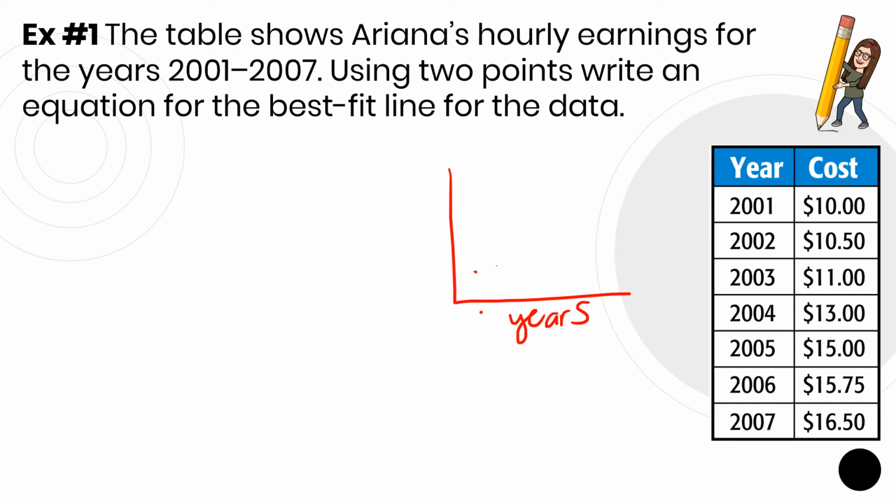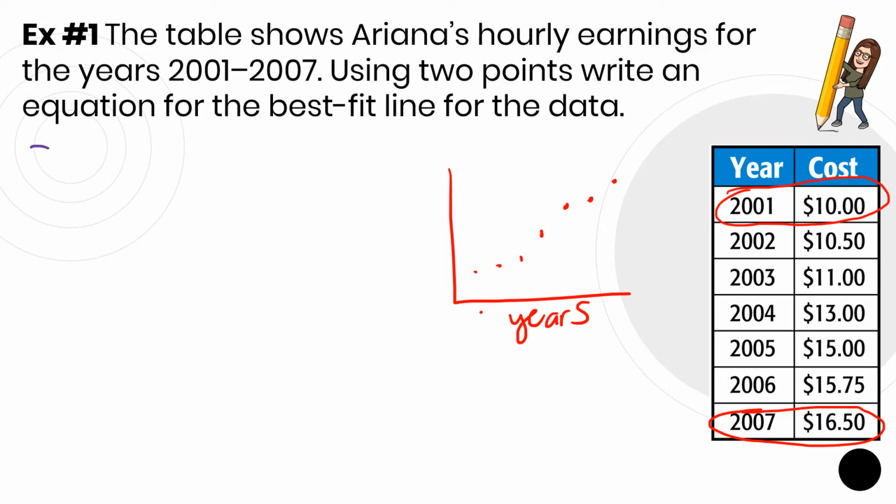So she's like a 10, 10.50, 11, 13, 15, 15.75, 16.50. So we've got a positive correlation going on here, right? Now, if you're given this table and the numbers are pretty close, you get to pick. So I'm going to choose the first and the last set of points to find my equation.